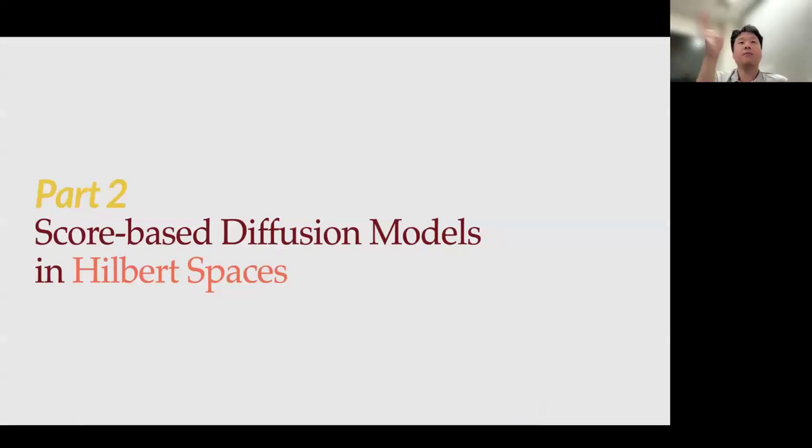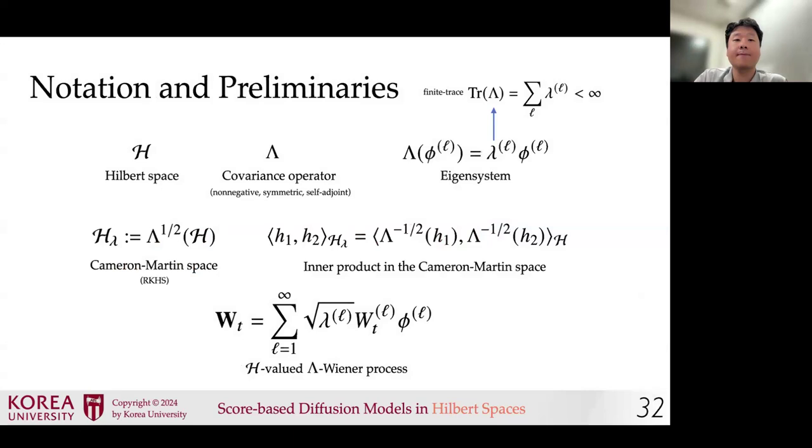Okay, so now we are ready to introduce my work, score-based diffusion models in Hilbert spaces. When you have to deal with stochastic equations in the Hilbert space, we need to prepare an additional setting to deal with infinite dimensional spaces.